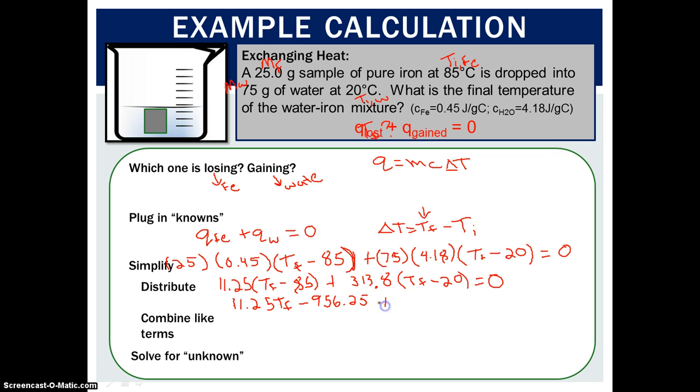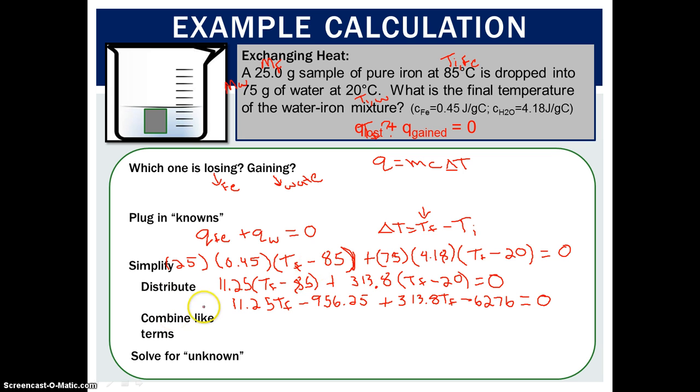I'm going to do the same to the next set of terms. 313.8 times TF is just 313.8 times TF. And then 313.8 times now 20 is 6276. And then this is still equal to 0.